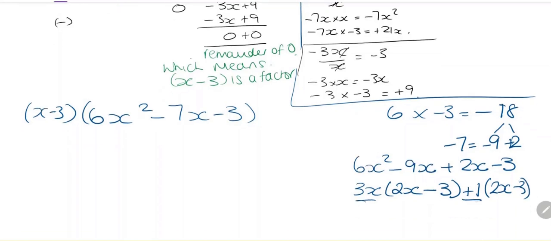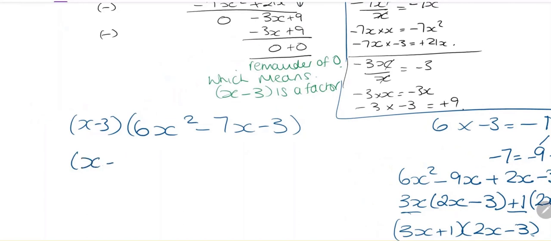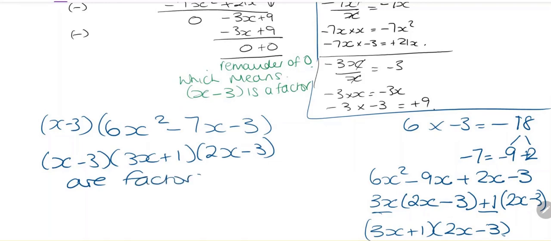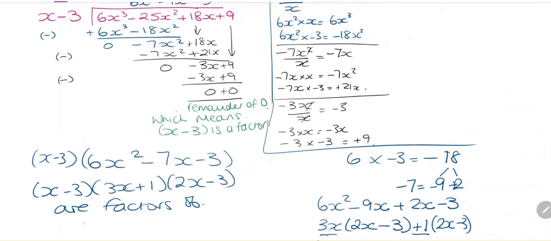And we'll combine the terms: 3x plus 1 and 2x minus 3. So x minus 3, 3x plus 1 and 2x minus 3 are factors of 6x cubed minus 25x squared plus 18x plus 9.